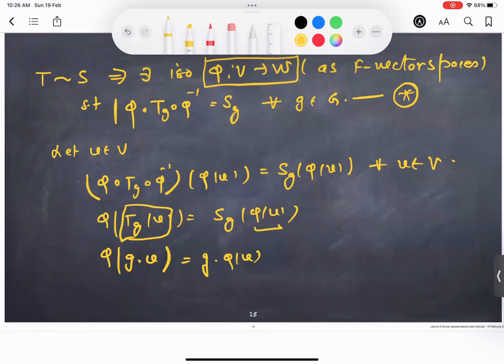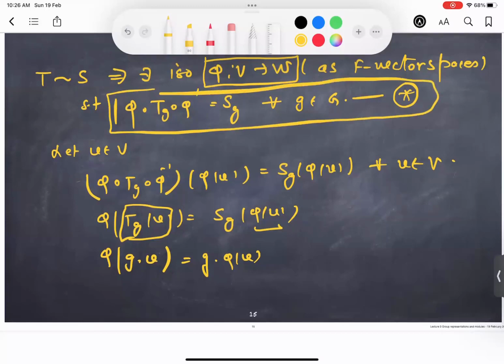This is how you regard W as FG module. So basically this is nothing but saying that the map phi from V to W is also G linear. So phi is G linear, one-to-one and onto was already there, so it's an FG homomorphism, and therefore it's an FG isomorphism, right?